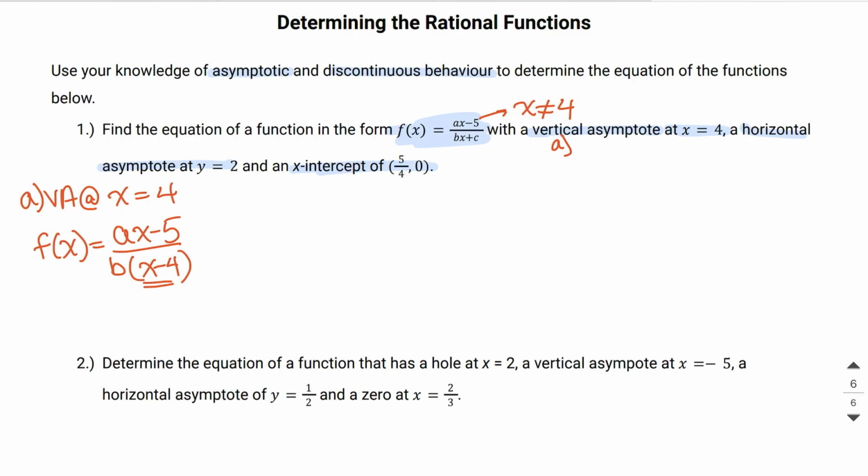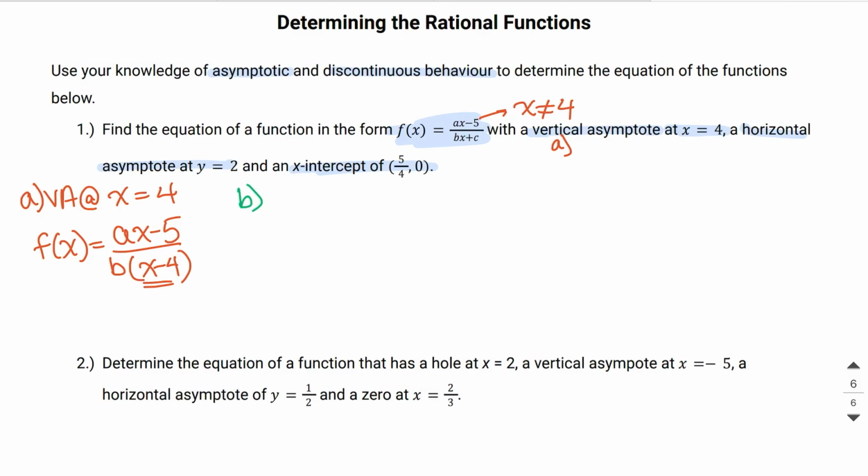The second piece of information that's given to us is that we have a horizontal asymptote at y equals 2. Well, the fact that it's y equals a single number and not 0 or, for example, the equation of a line, is because the degree of the numerator is equal to the degree of the denominator.